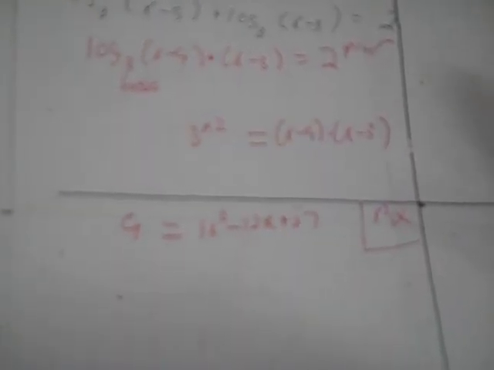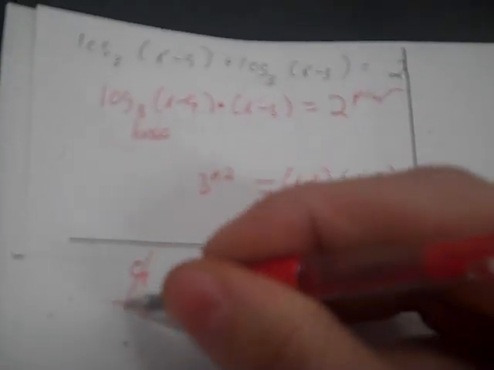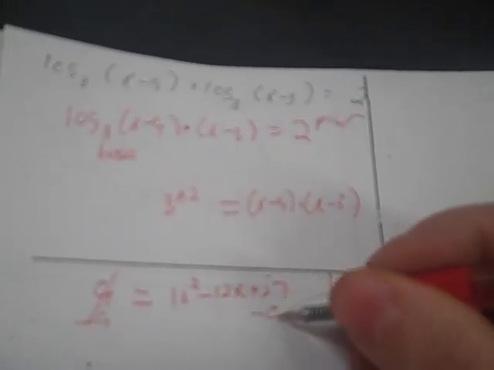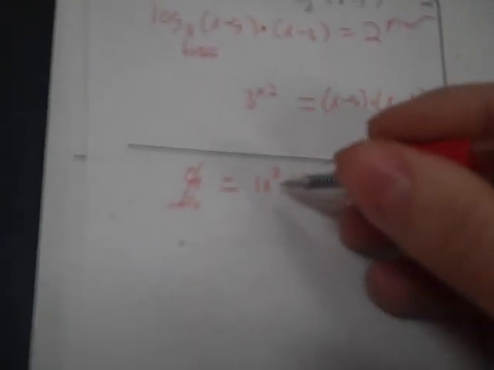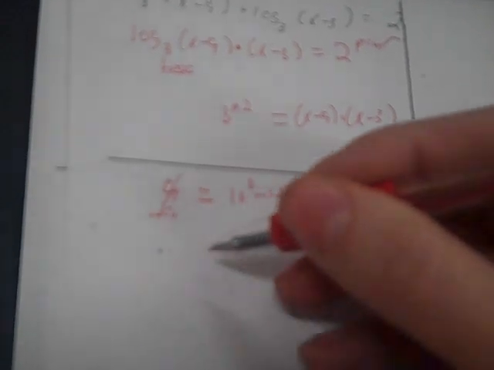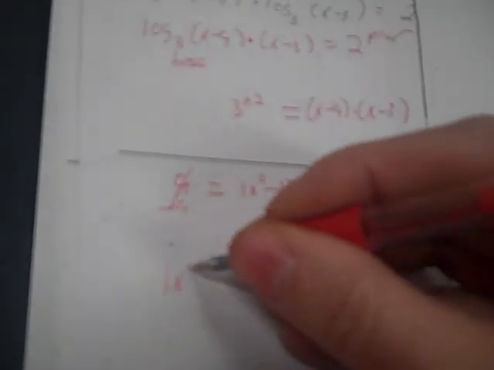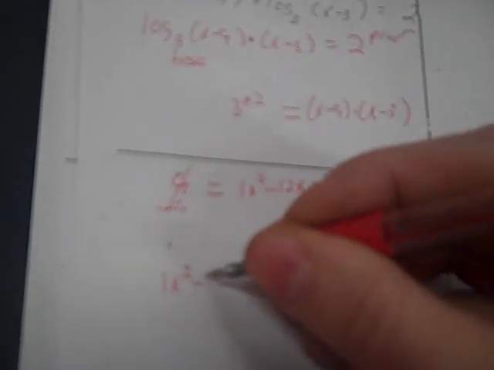Before I make my boxes, everything has to be on one side. So I subtract 9, and that goes very nicely with 27. So it's 1x squared minus 12x, and 27 minus 9 is 18.